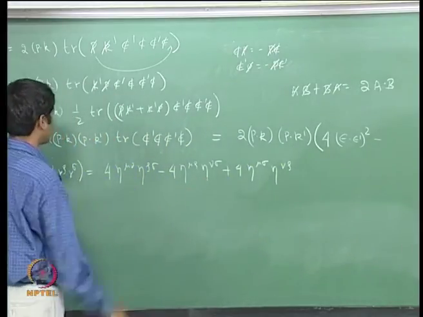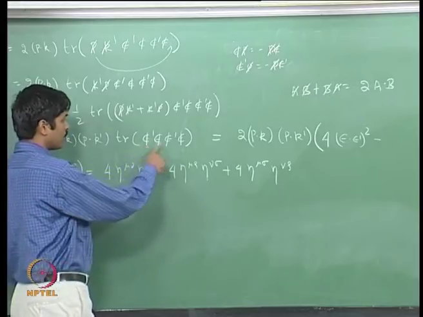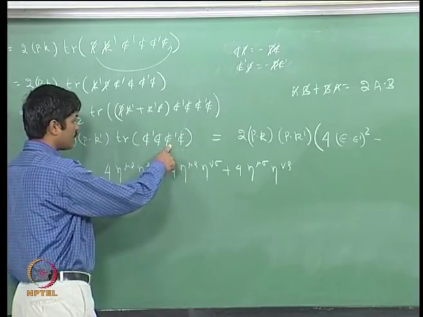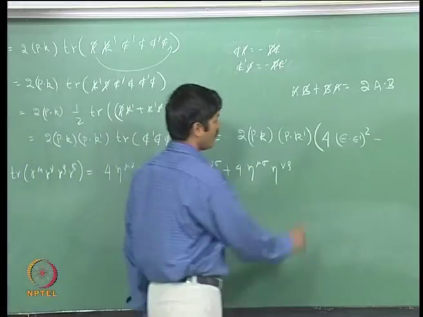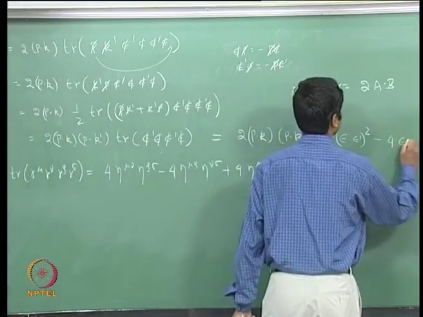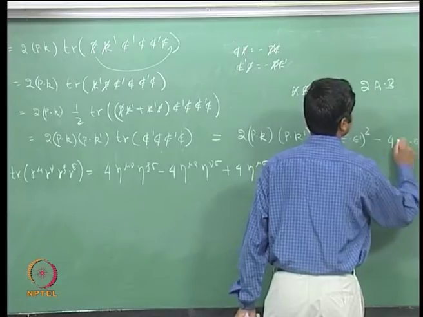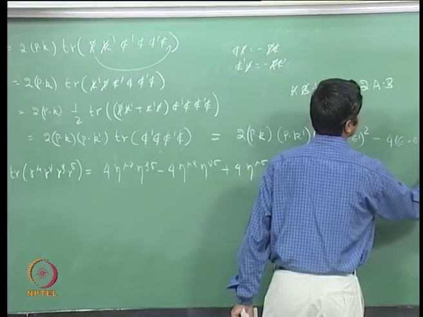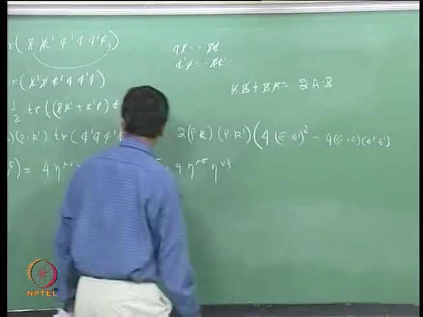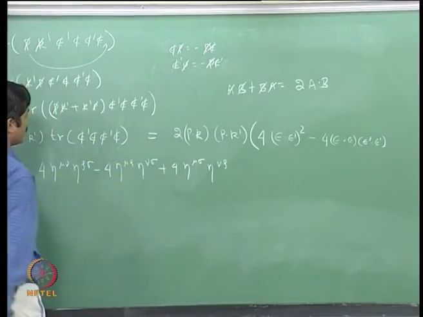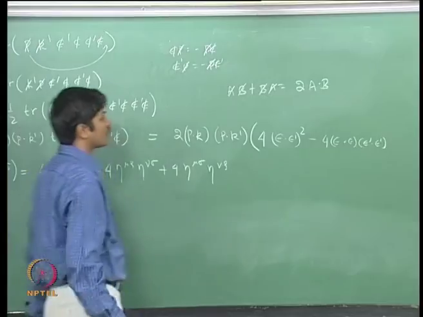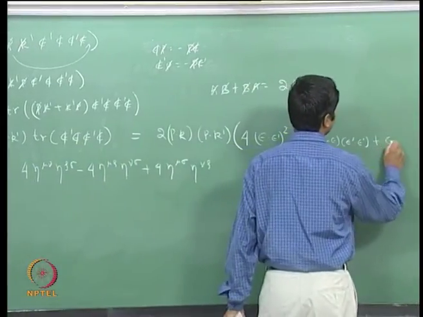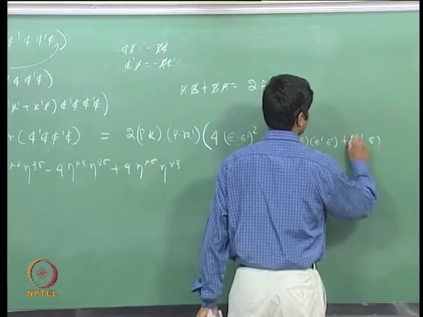We will say that first one will have dot product with the third one, second one will have with fourth one. So, minus 4 epsilon dot epsilon epsilon prime dot epsilon prime, and finally, the last term will say that it is again epsilon prime dot epsilon whole square. So, plus 4 epsilon prime dot epsilon whole square.